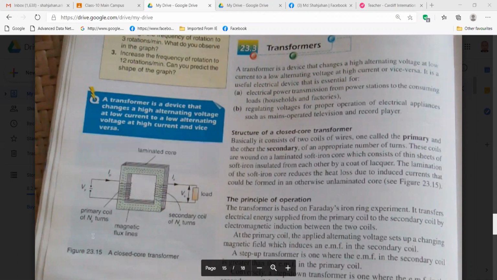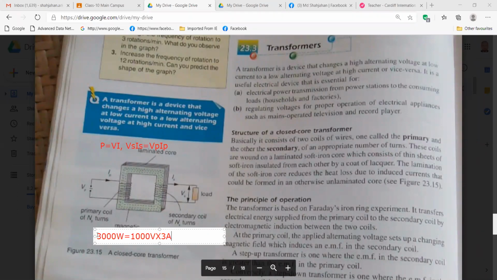Like if your power in the primary is 3000 watt, and this 3000 watt is coming for the primary coil, if the voltage is, for example, 1000 volt and your current is 3 ampere. Then do you agree? It is for primary.